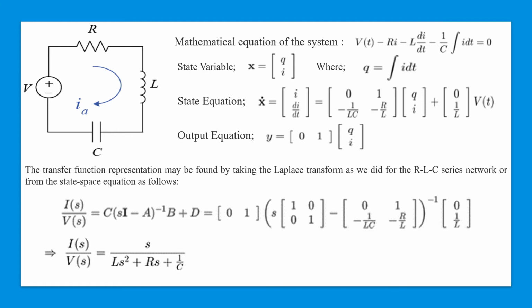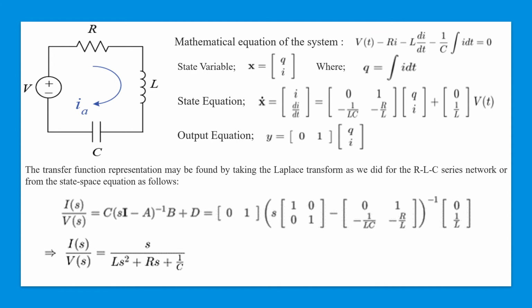As the state variable we assume x is equal to q, where q is the charge, and its relation with the current is the integration of i dt. From this mathematical equation, we can derive the state equation, that is x dot, and the output equation, that is y.